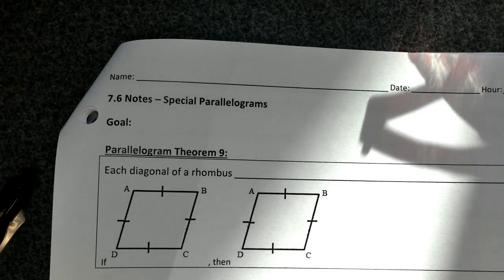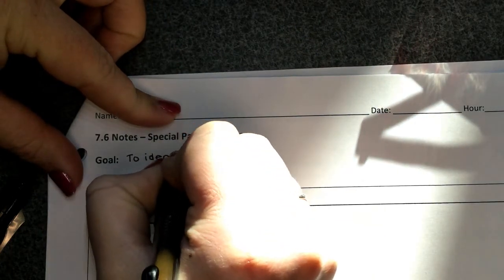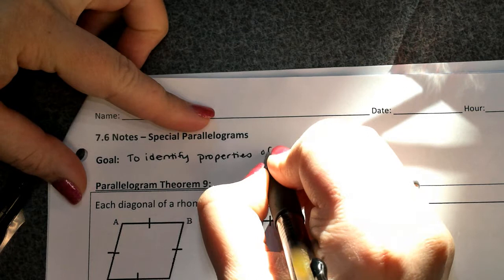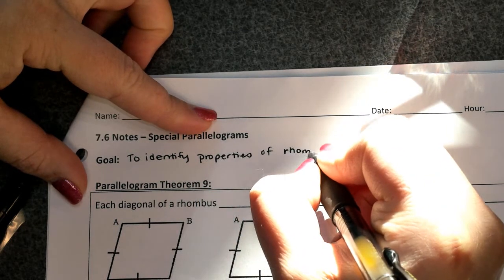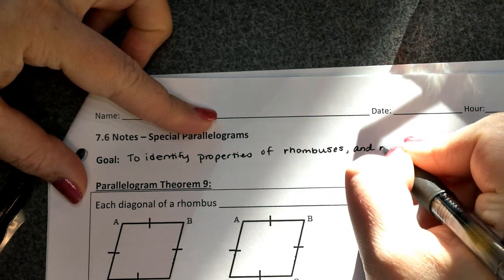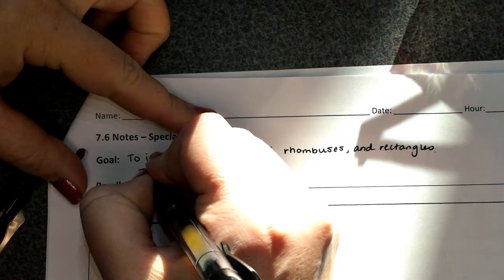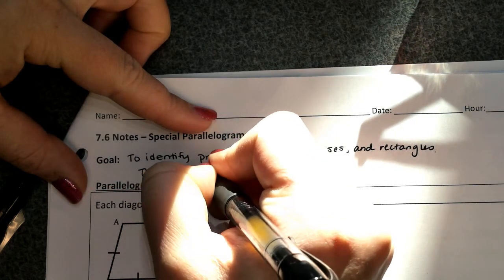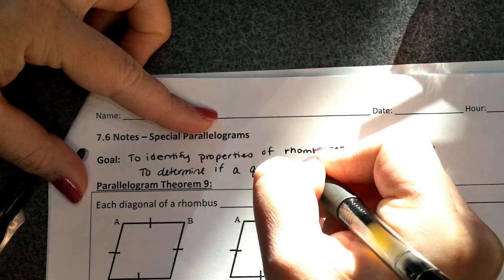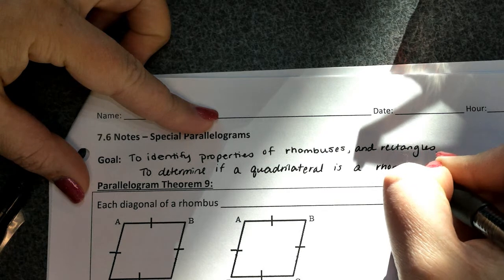All right, so our goal for today is going to be to identify properties of rhombuses and rectangles, and then to determine if a quadrilateral is a rhombus or rectangle.